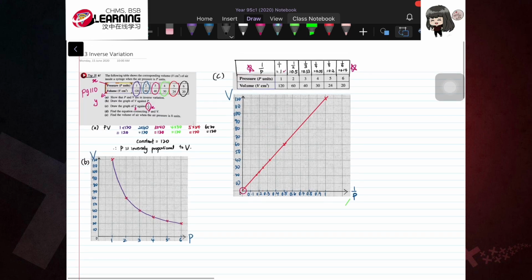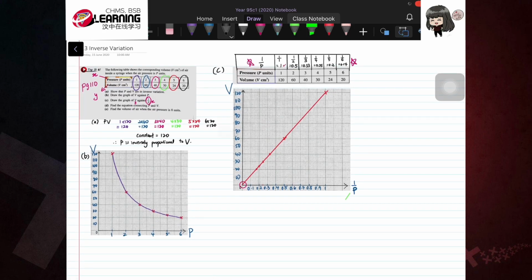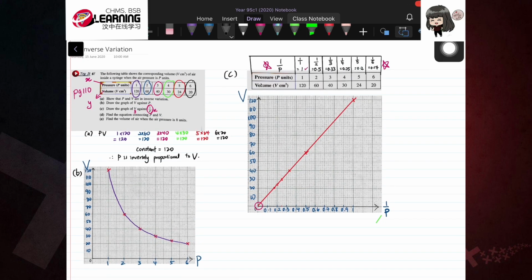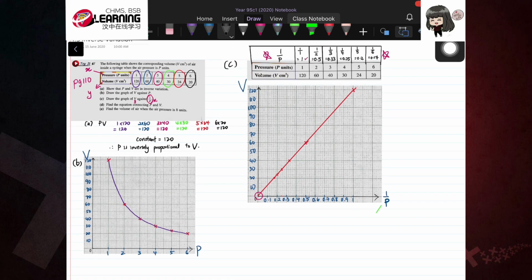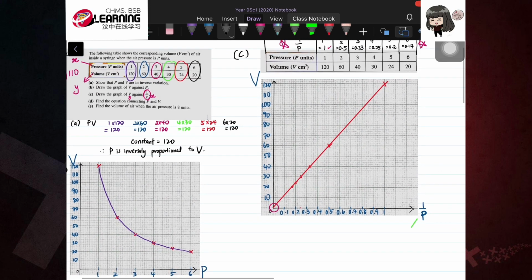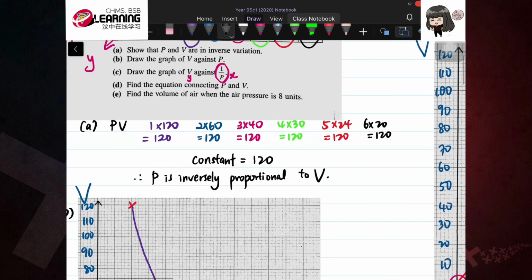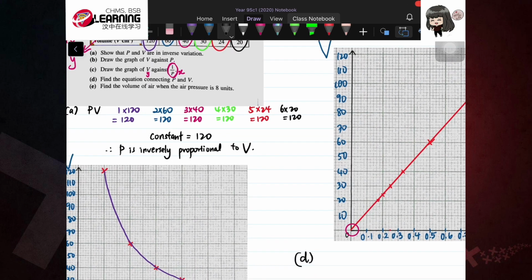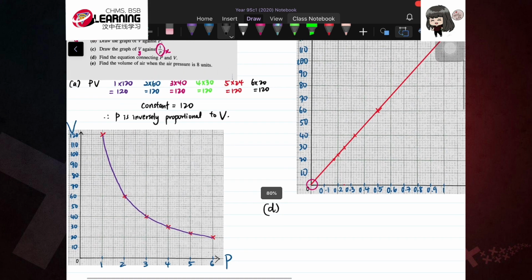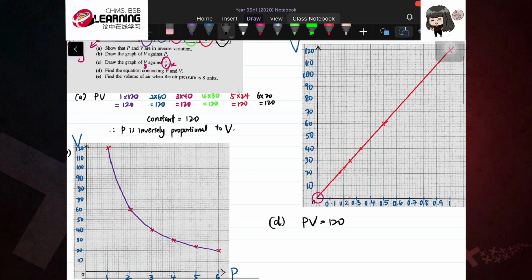Now let's do part D. Find the equation connecting P and V. Since part A, we already found our constant. P is inversely proportional to V, so we can write straight away that P times V equals 120.